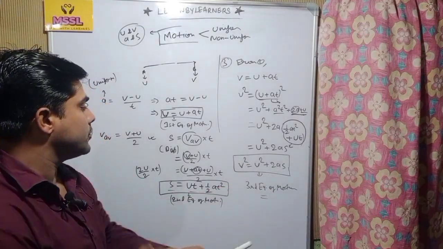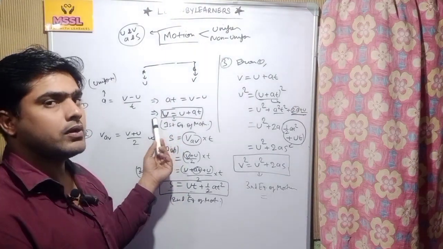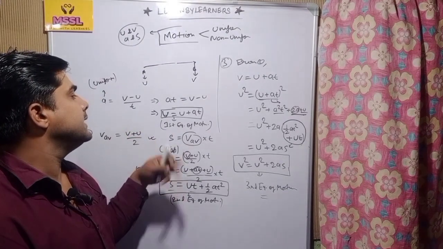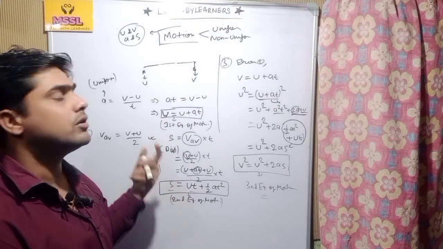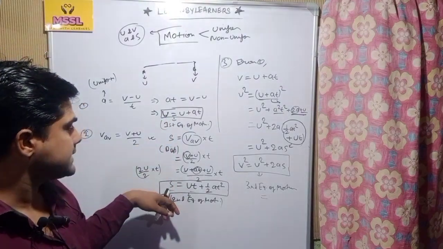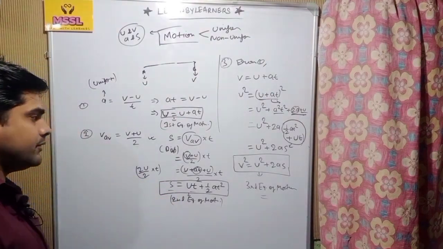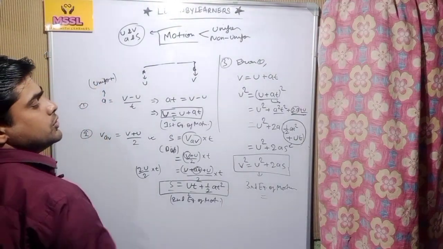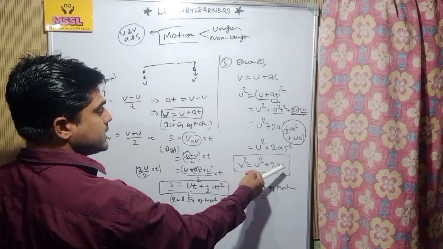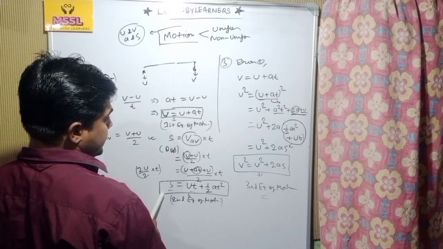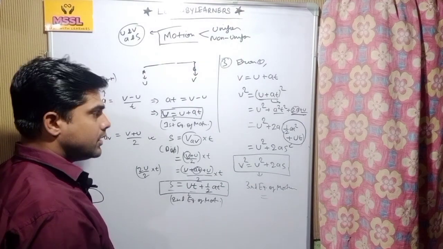Using these equations, you can find the acceleration, the velocity, the initial velocity, and the distance or displacement. And using these two equations you can also find the time t, right?